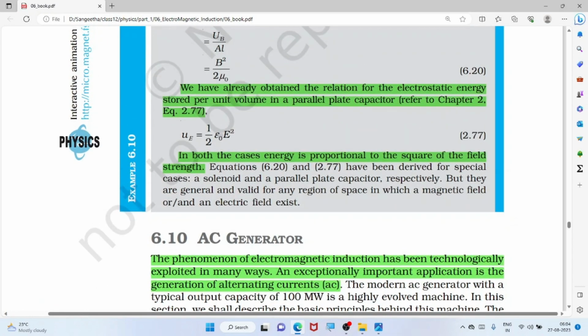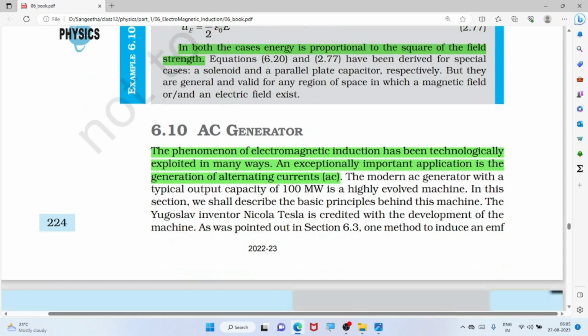Whether it is electrical energy or magnetic energy, in both the cases energy is proportional to the square of the field strength. We have already obtained the relation for electrostatic energy stored per unit volume in the parallel plate capacitor. That is electrostatic energy. This is magnetic potential energy. In both the cases it is proportional to the square of the field strength.